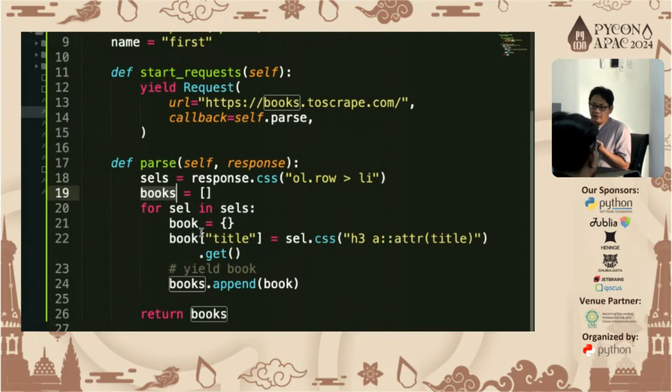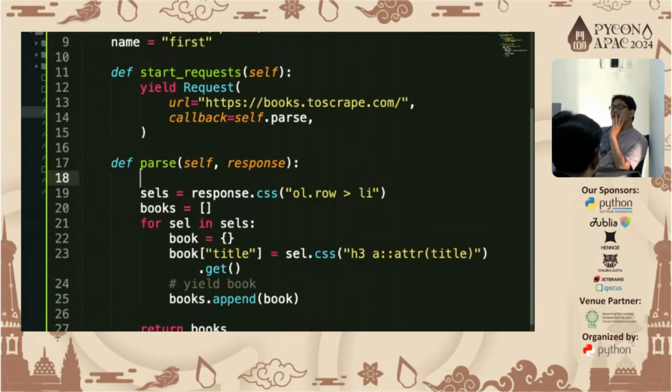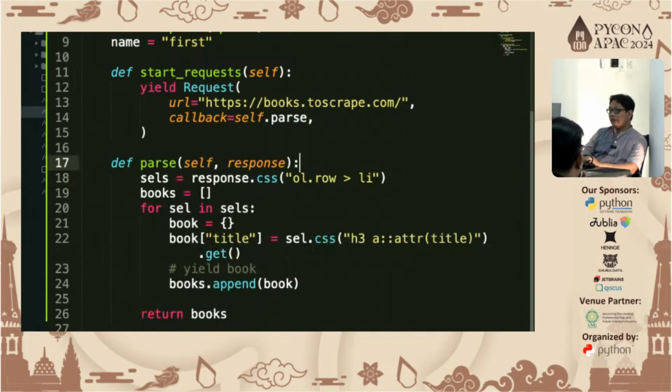But if you yield it and it gets processed quickly, then it will save memory. Another reason to use yield is that sometimes you need to yield more than one type of item.